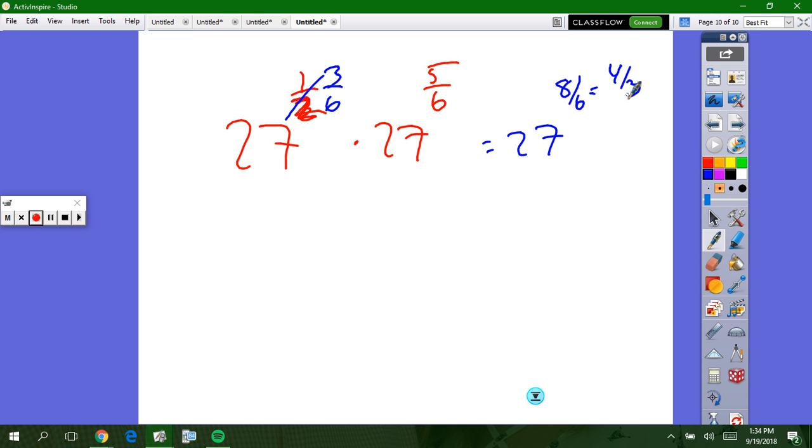Can I simplify that though? Is 27 a perfect cube? It is. So this is the cube root of 27. Does everybody understand why it's the cube root? Okay, so that's 3 to the 4th: 3 times 3 is 9, and 3 again is 27, with another 3 is 81.